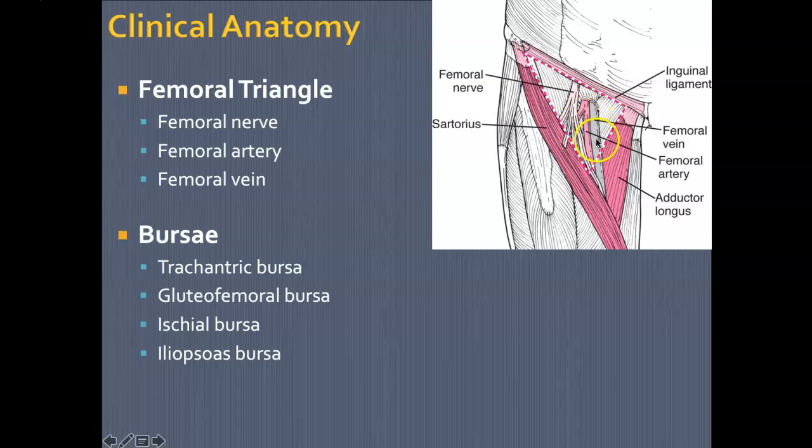So we have the femoral vein, we have the femoral artery, and then last but not least, we have the femoral nerve. It's also a site where we can certainly assess a pulse, but most importantly, when we think about the femoral triangle and its role, we're extremely worried when we have a patient take an anterior blow to the hip. We're worried about the integrity of our neurovascular system, right? And if we have a hip dislocation, we're certainly worried about the patient losing their actual hip, right? So the femoral triangle and knowing what it's made up of is extremely important.